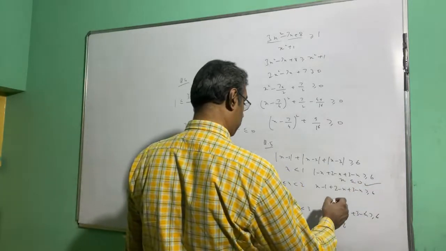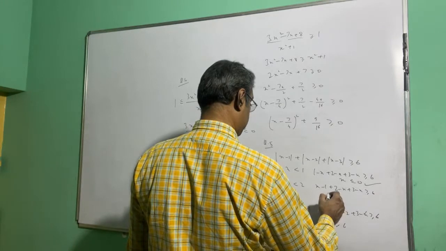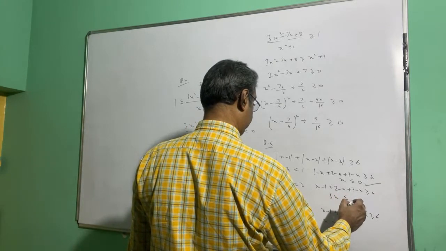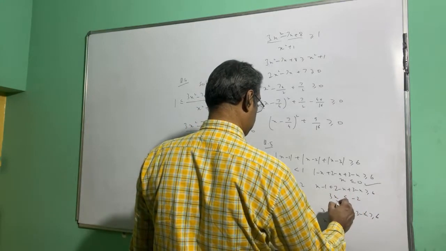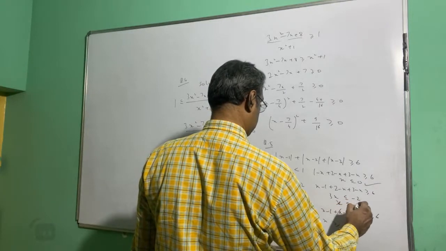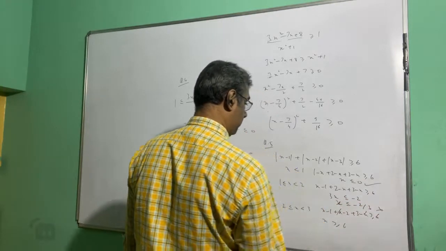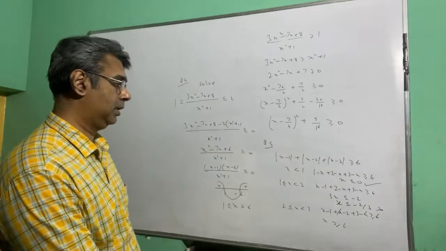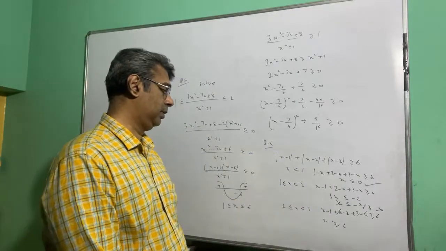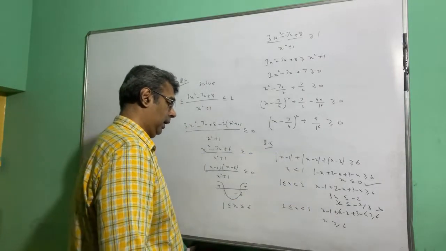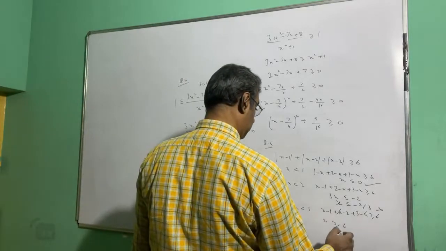The second one, I am getting x less than or equal to minus 2 by 3, which is impossible because x has to be between 1 and 2.